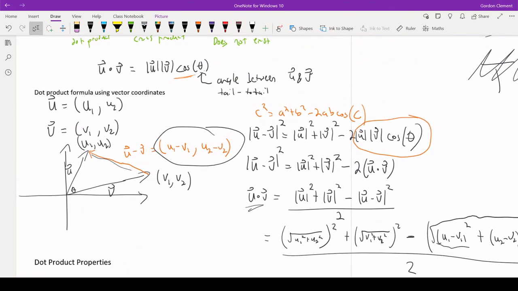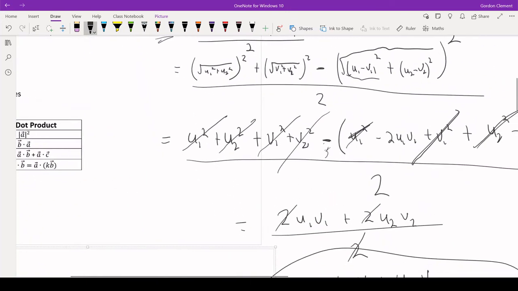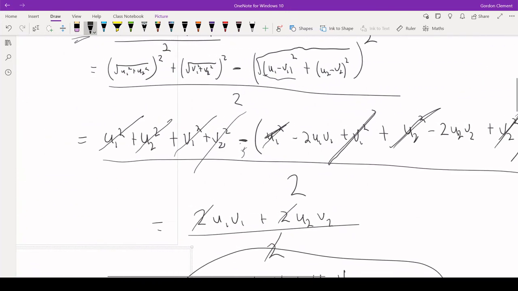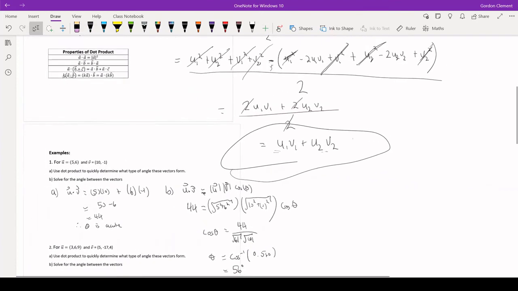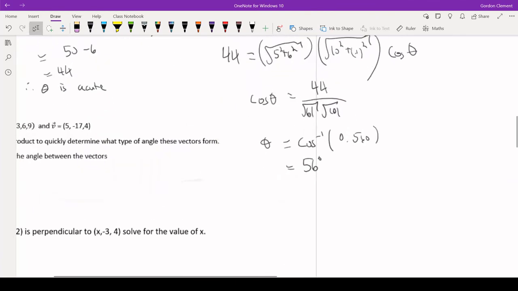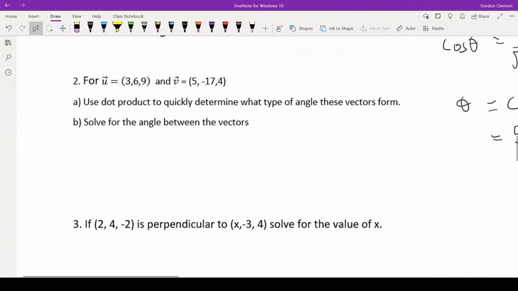I could even draw the picture as like a 2D representation of the 3D vectors. But basically all that's going to happen is you're going to get a third coordinate in each of these, and then you end up with the formula at the end: multiply the x's, multiply the y's, and then add on multiplying the z's together. So I'm not going to go through all that. The formula works exactly the same in 2D as it does in 3D.